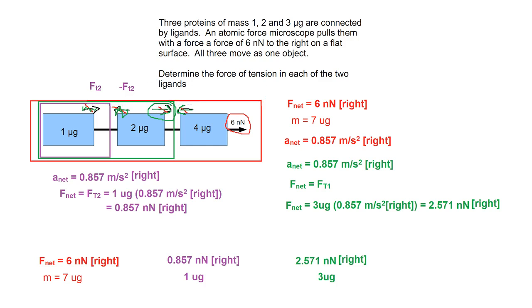And then here you'll have force of tension 1. And then you'll have negative force of tension 1. And you can put every single force in and find the net force on each object using the algebraic constraint that their accelerations are the same. That method will also work, but this one here is quite a bit faster.